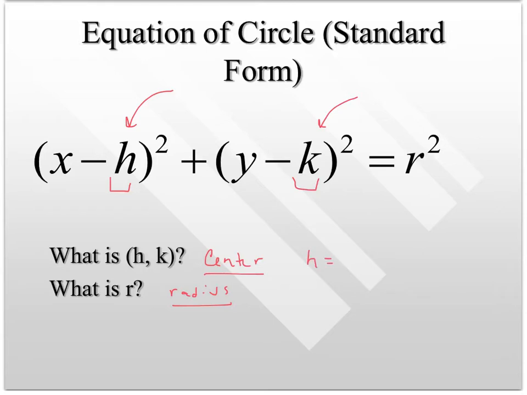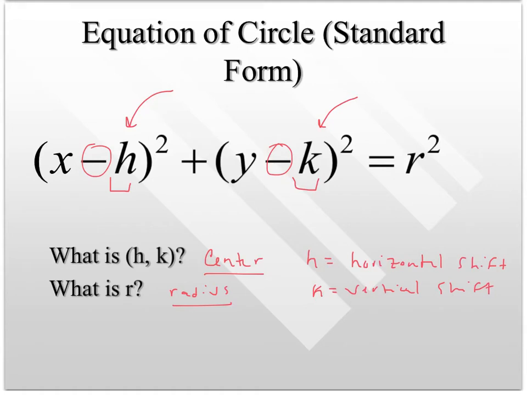So h is the horizontal shift, and k is the vertical shift. And remember, we're always opposite of the symbol. So if we think of h and k as numbers, we would use the positive value of h and k because we've got a minus in the standard format right here. The standard format is always going to have a minus for both of them.